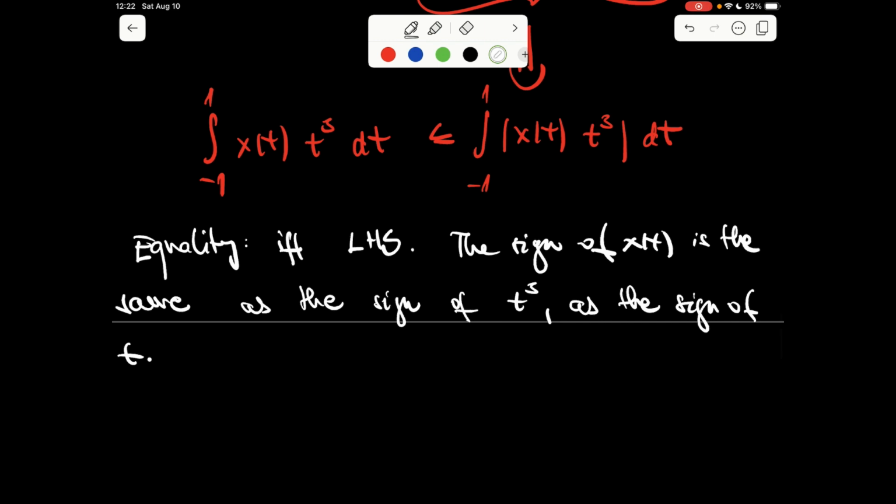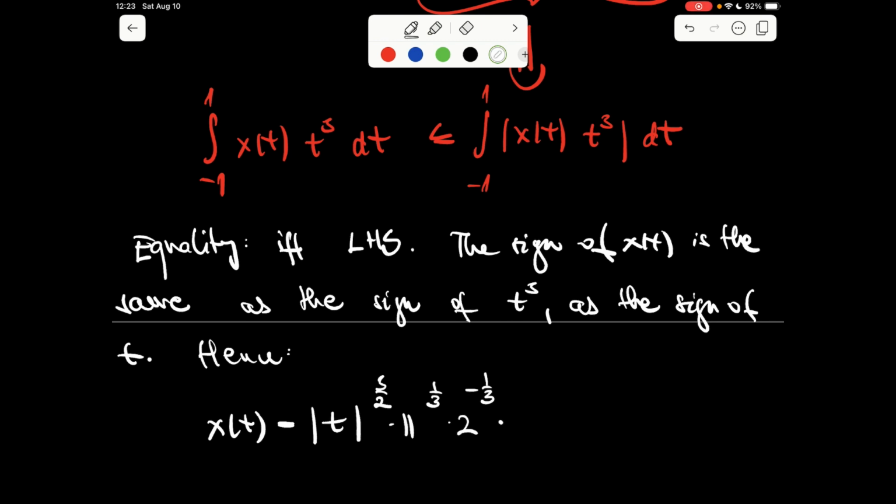So we need to play with the signs, with the help of the signum function. So we need the sign of t, and that is the solution.